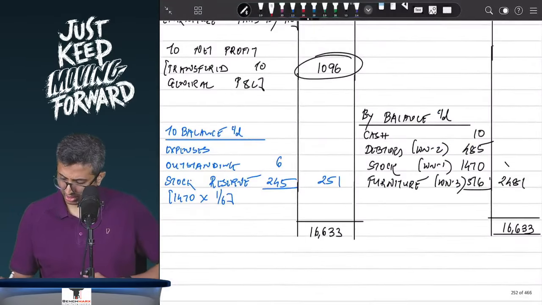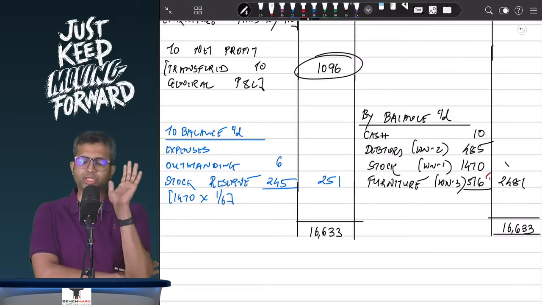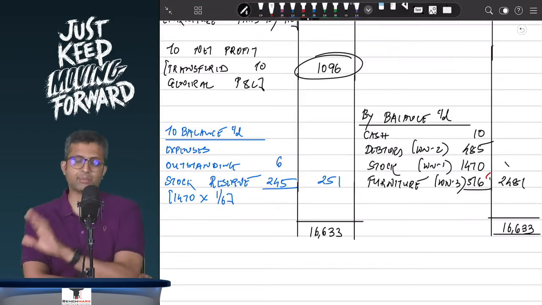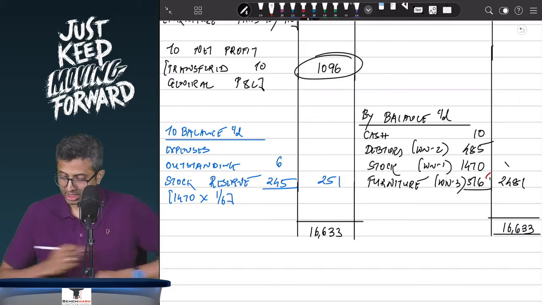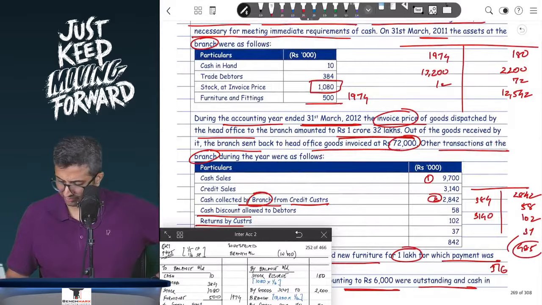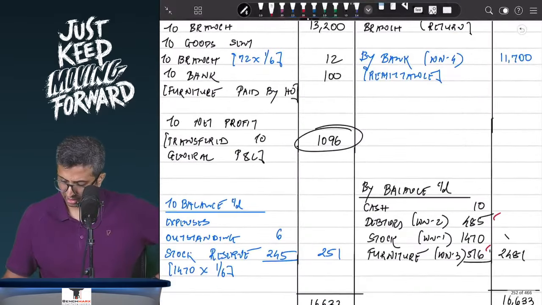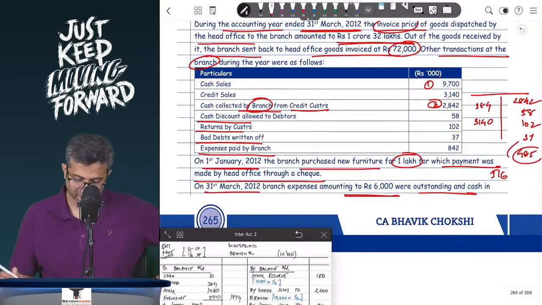So over here, 516, 600, that is 500 opening plus 100 purchase during the year, and then depreciation at the rate of 16% on 500, and then 16% for 3 months on 100. Debtors I think are 485, we got that, perfect. Stock, I think over here, do I have the stock given anywhere? No, so we can find that.